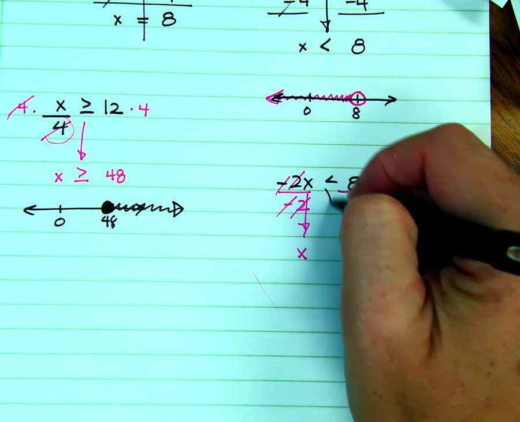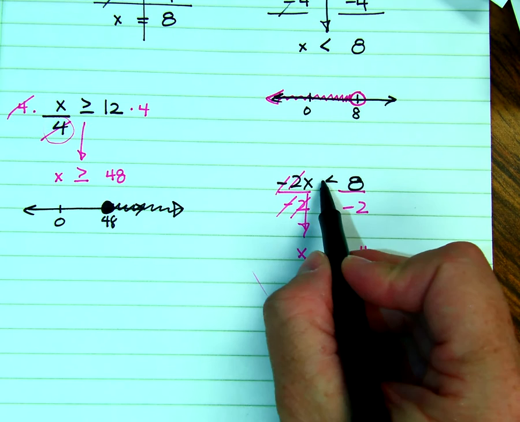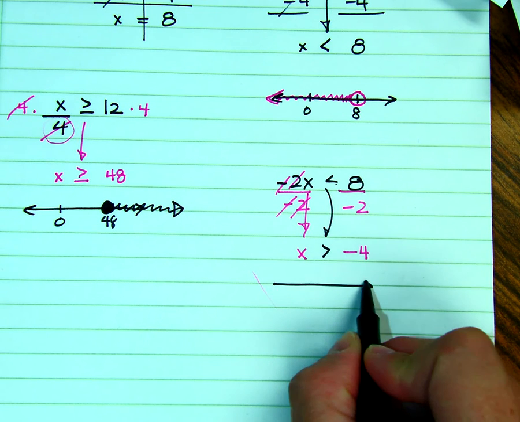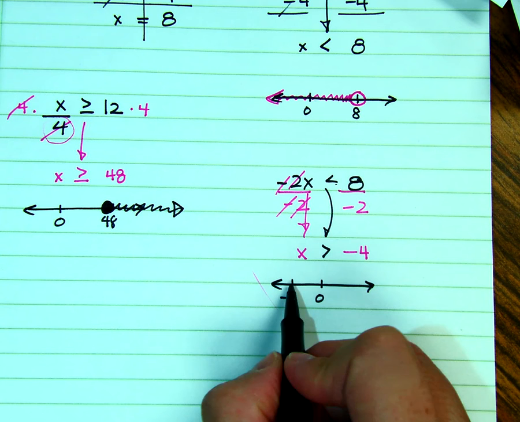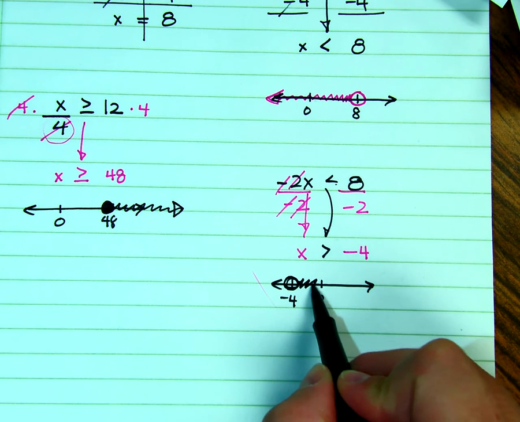The only thing that would be different is you have to flip the sign. So this is less than, it is now going to be greater than. So x is greater than negative 4. Does not have the equal to, so it's an open circle, and everything greater than.